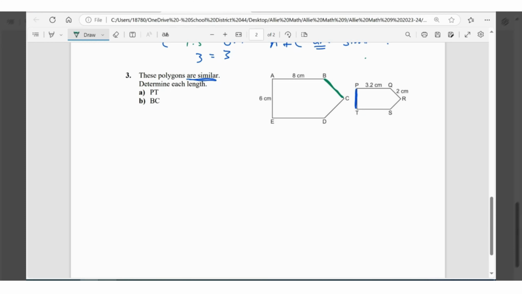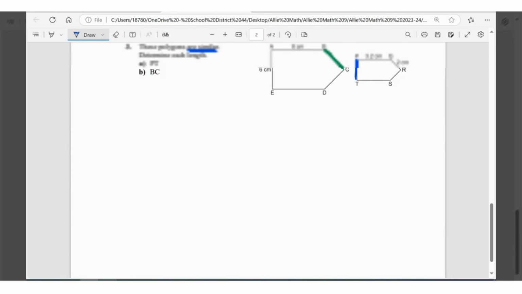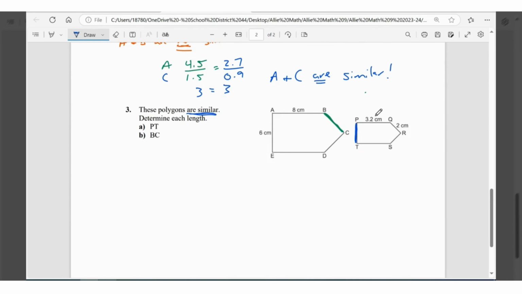Okay, so what we can do is compare sets of unknowns to sets of known things. So what we know is that the relationship between these two sides, we know both of them on each. So if we find the relationship between these two, it's going to be the same as the relationship between these two.